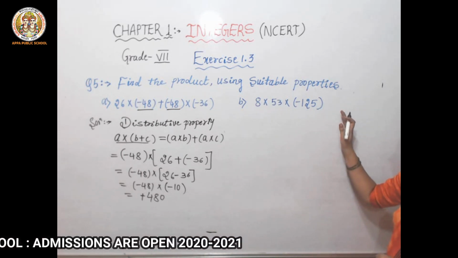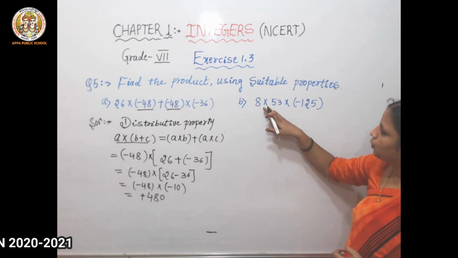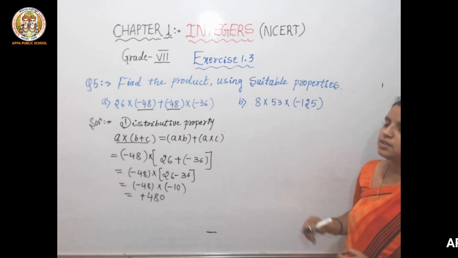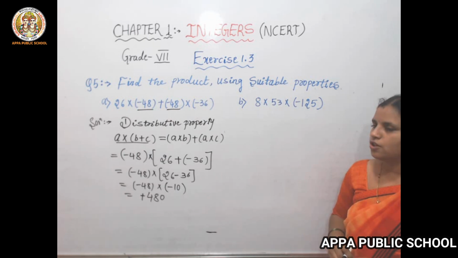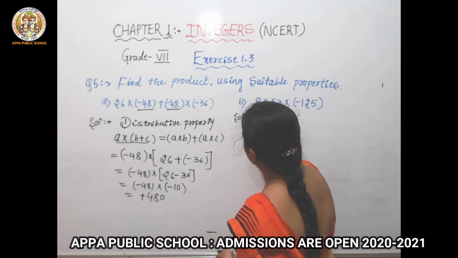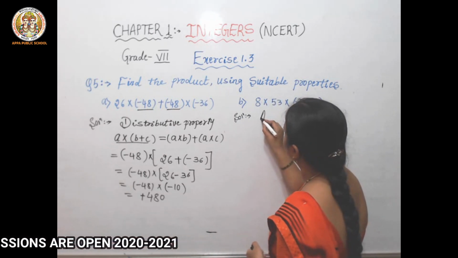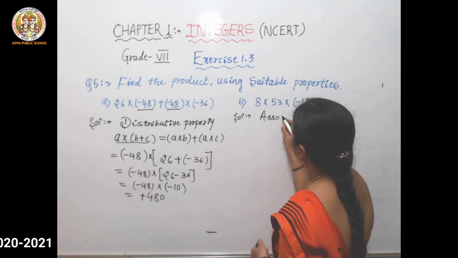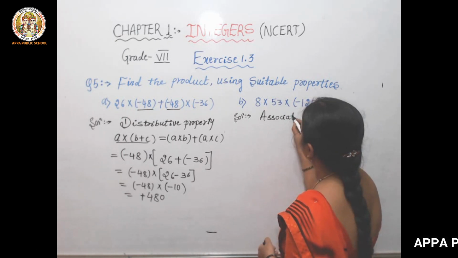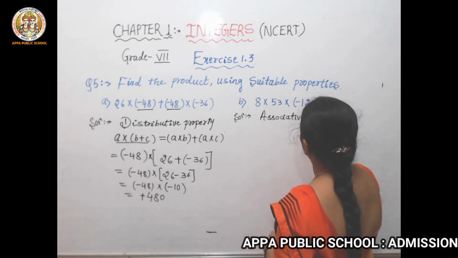Then what about B? You see the B terms, 8 into 53 into minus 125. So here, can we use the associative property? Then what is the associative property?